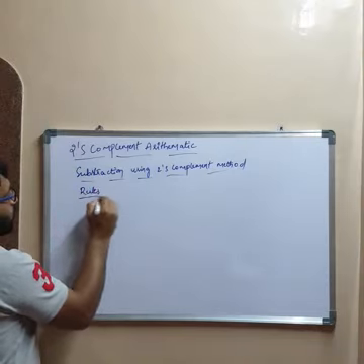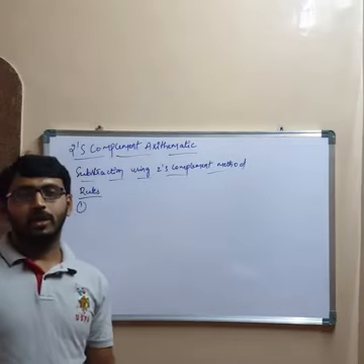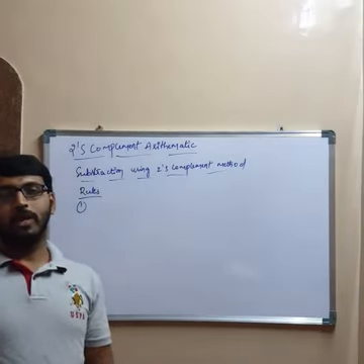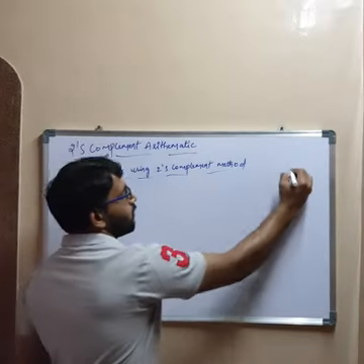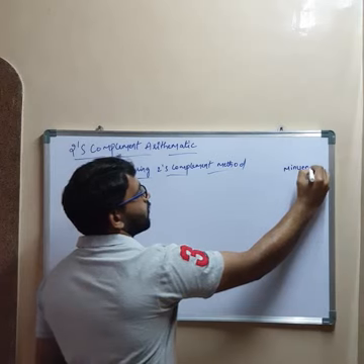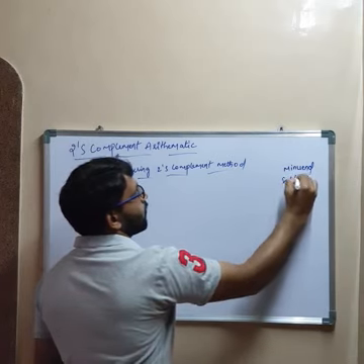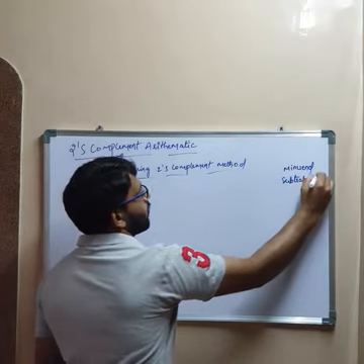Rules. First point. In subtraction there are two numbers named the minuend and the subtrahend.